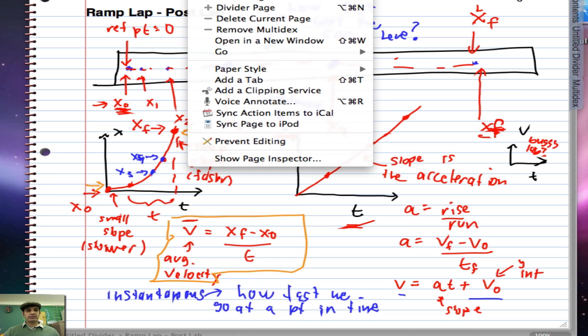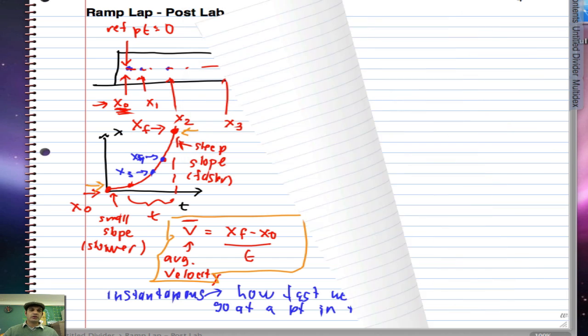I'm actually going to give you a little preview right now. The 3 formulas that we'll actually be using next week are all for instantaneous stuff. We'll find that the instantaneous velocity of an object is given by at plus v naught. That's the ramp lab formula that we came up with today.